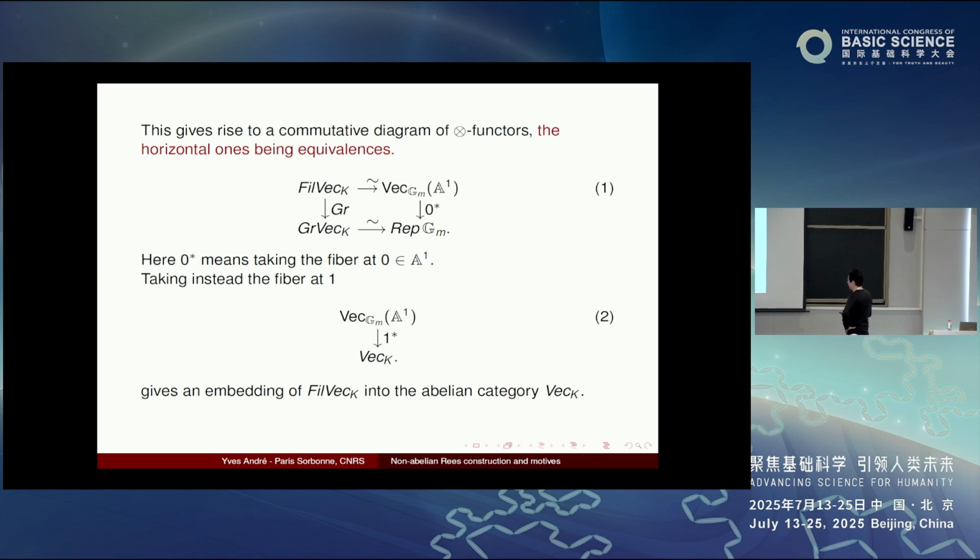And this diagram commutes, and the horizontal functors are equivalent. If instead of taking the fiber at 0, one takes the fiber at 1, in fact, one gets a new functor, which is an embedding, a non-full embedding of this category of filtered vector spaces into the abelian category of vector spaces over K.